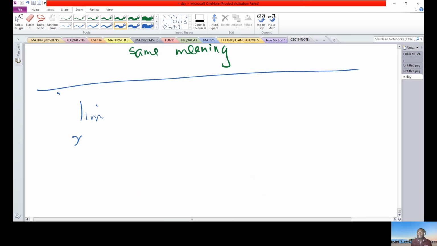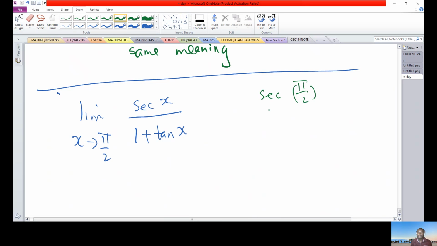Find the limit as x approaches pi over 2 of sec x over 1 plus tan x. The first thing we test: sec of pi over 2 over 1 plus tan of pi over 2.